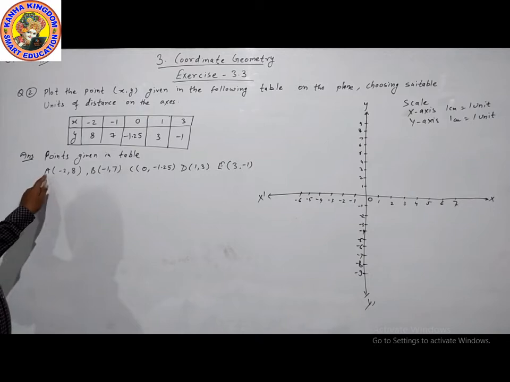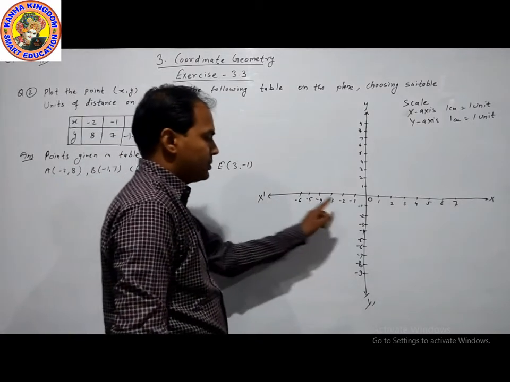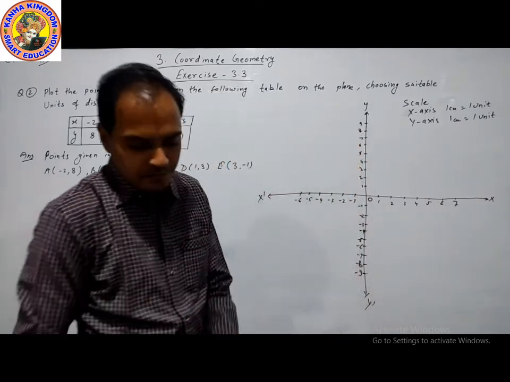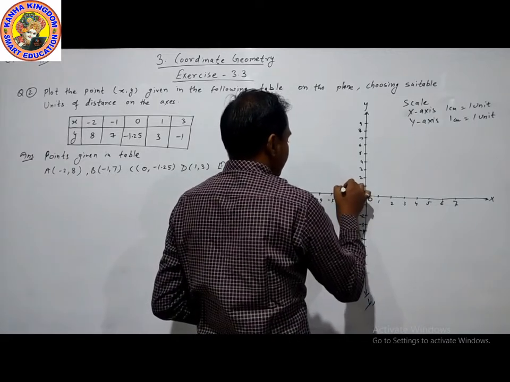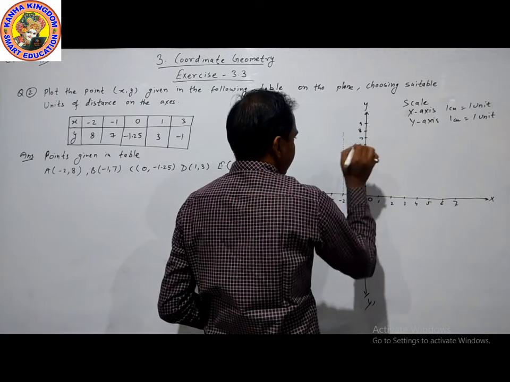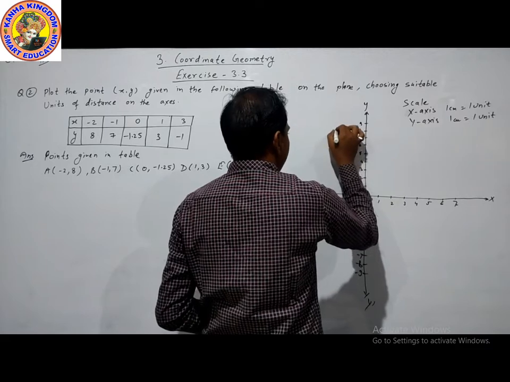Now point A: x is -2, y is 8. X is -2, so draw a dotted line, and y is 8, draw a dotted line here.